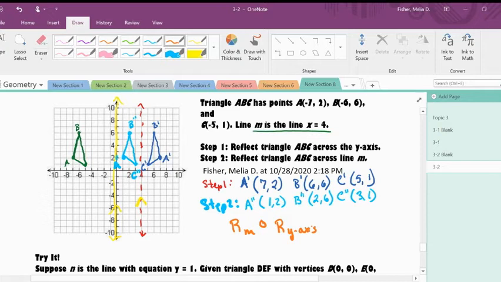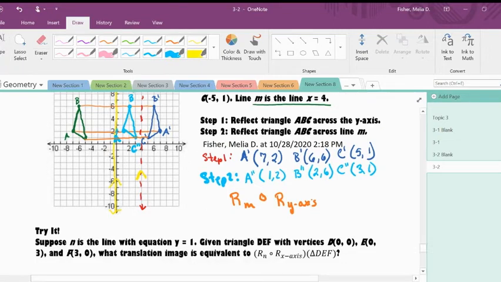But what is happening here? Well, there is actually a line that is perpendicular to each of those points. That causes that reflection to really just be slid over.